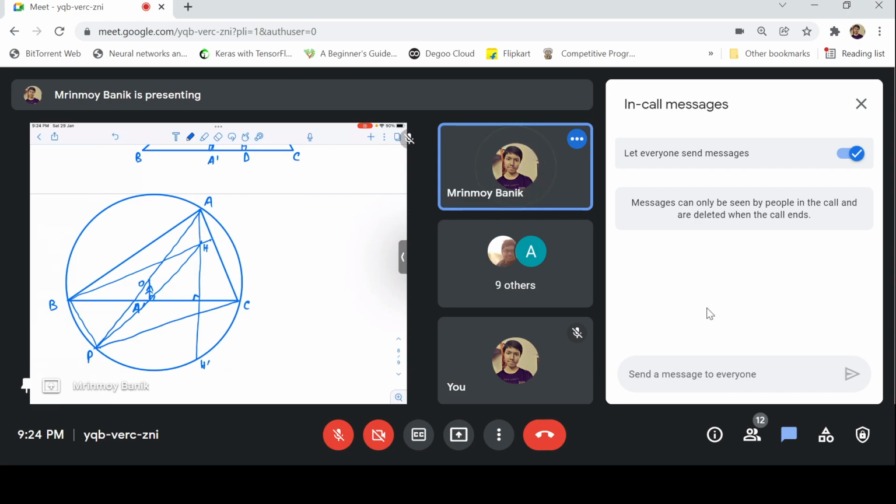So this angle is 90 degrees, right? ABP. Since AP is a diameter, angle ABP equals angle ACP equals pi by 2.